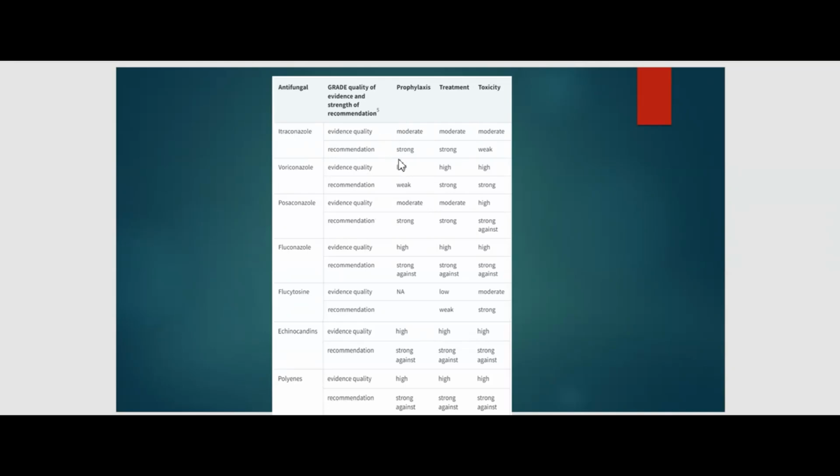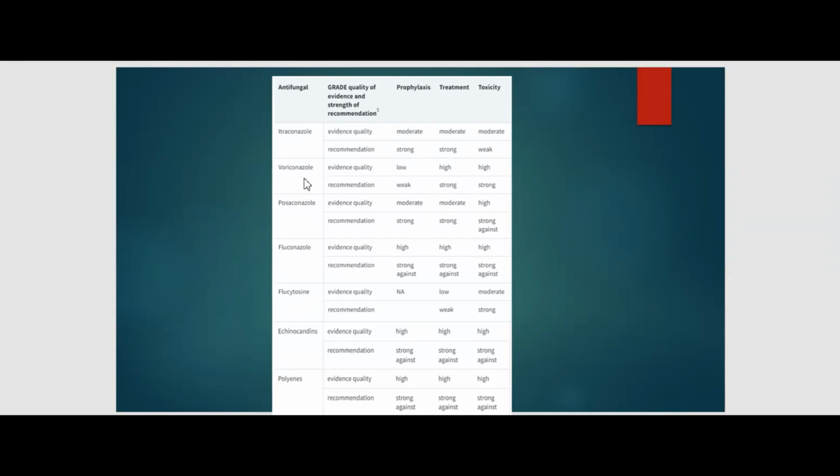The recommendation is strong for prophylaxis and treatment, but weak for toxicity. So basically, they're telling you you don't have to monitor it to avoid toxicity, but they strongly recommend to monitor itraconazole levels if the patient is receiving it for treatment or even for prophylaxis.